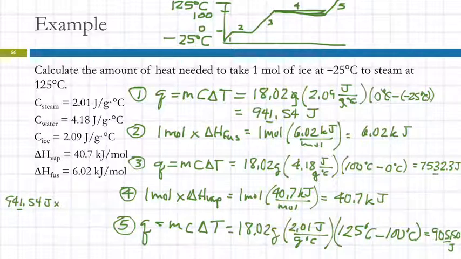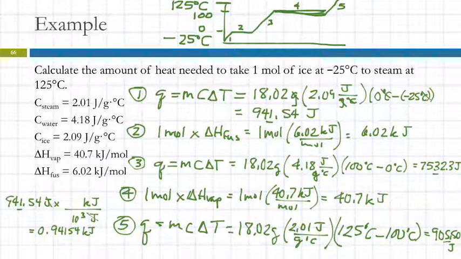If I want to convert this to kilojoules, I'm going to put my units in like that, and then I'm going to ask myself, well, what does kilo mean? Kilo means 10 to the 3. I've got kilo on top, so I'm going to put 10 to the 3 on the bottom. And so when I do the math, I get 0.94154 kilojoules.